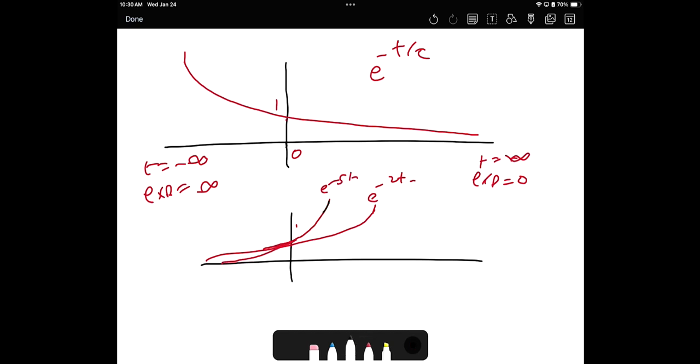We'll check that. Something like that. So basically, it will be faster when we have larger decaying rates.